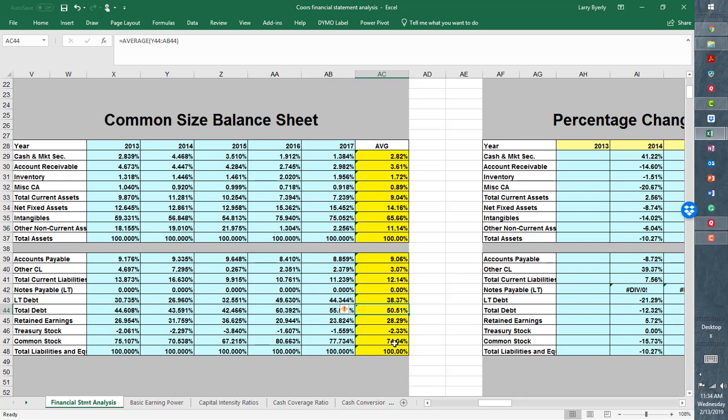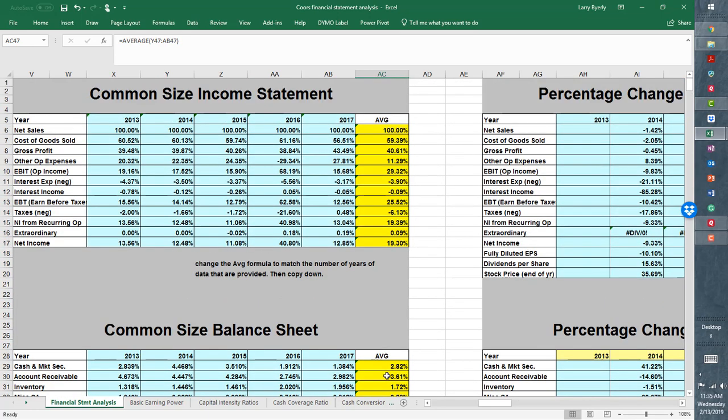We can also see that around 74% is, on average, common stock. So you can see that in general, relatively speaking, this company has a great amount of debt. It's about half of the company. We also can see, relatively speaking, how the company is financing its operations.